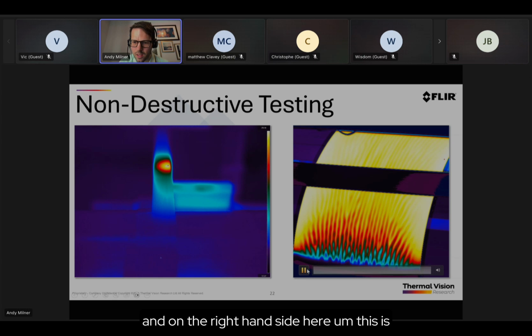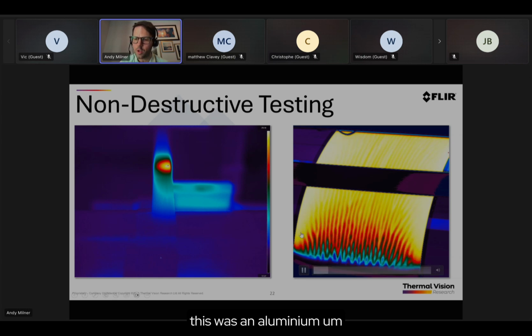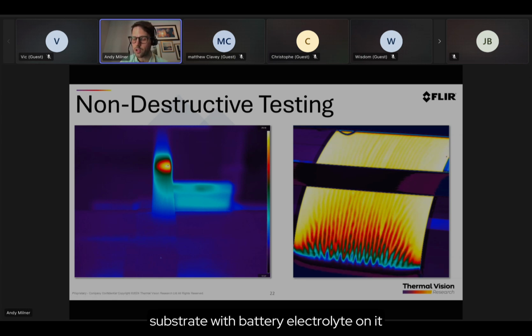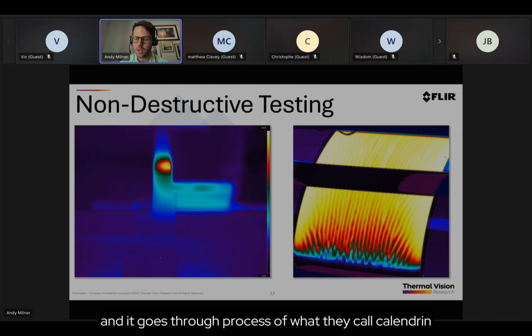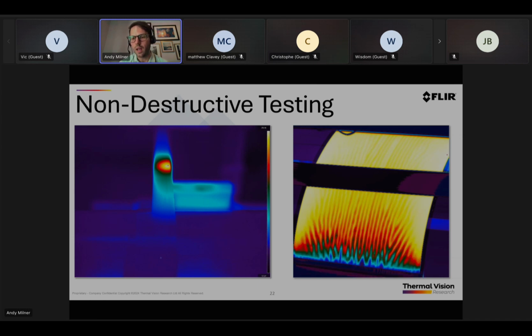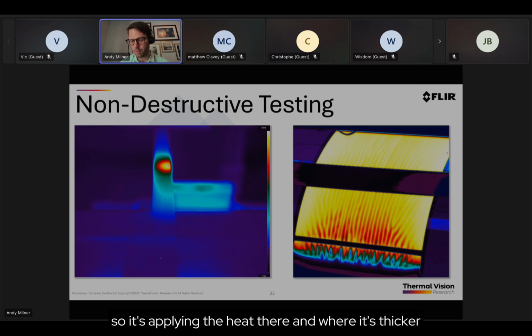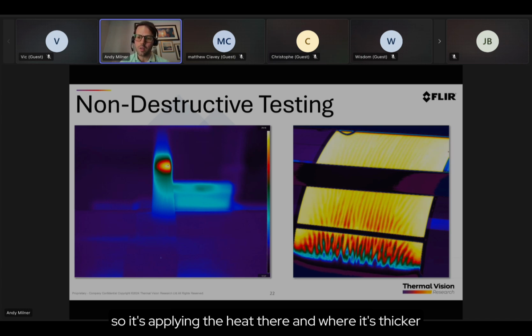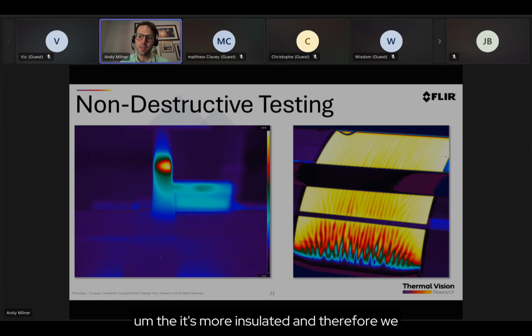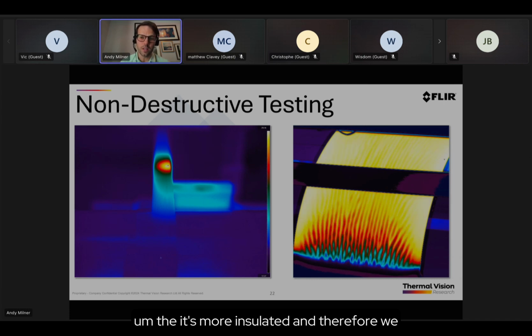And on the right-hand side here, this was an aluminium substrate with battery electrolyte on it, and it goes through a process called calendering. Because the rollers are heated, it actually does half a job for us, applying the heat there. Where it's thicker, it's more insulated, and therefore the temperature will be lower on the surface. So we can see a kind of corrugated effect.